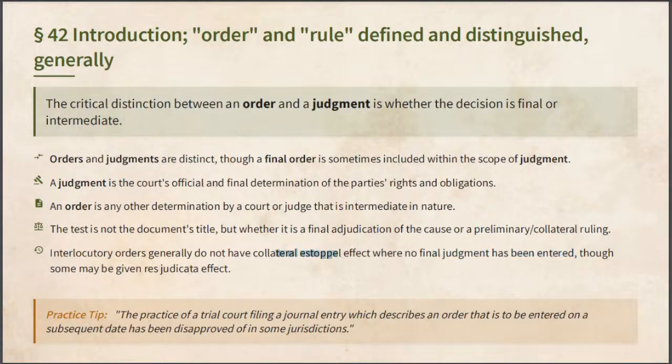So they will not have any estoppel effect, though some may be given some effect of the estoppel on a final judgment. So that's how it could affect it, but generally they do not.